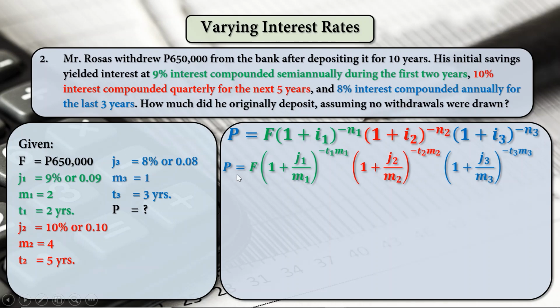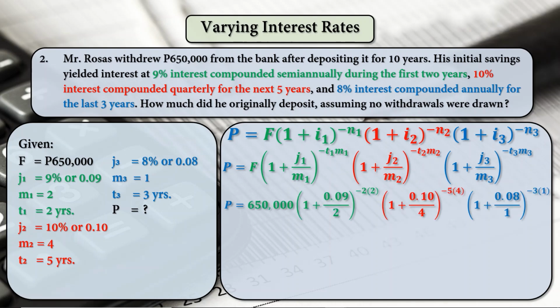So, substitute natin diretso. F is 650,000 pesos times 1 plus 0.09 our J1 over 2 kasi semi-annually raised to negative 2 for 2 years then semi-annually 2.